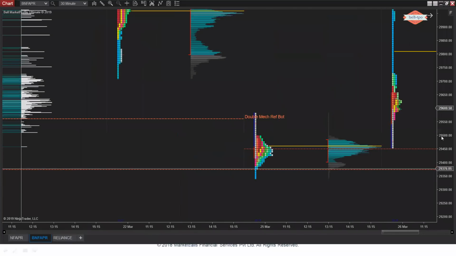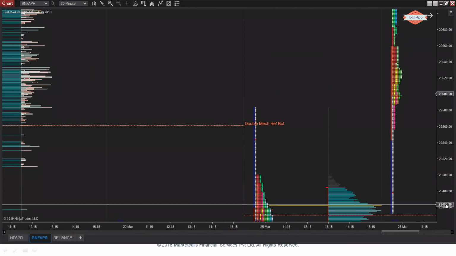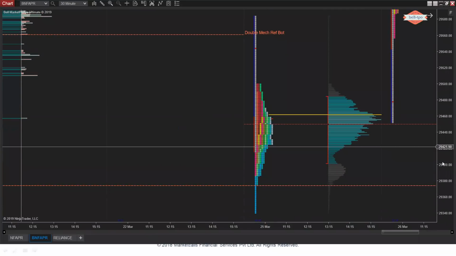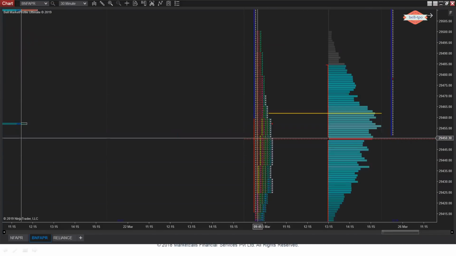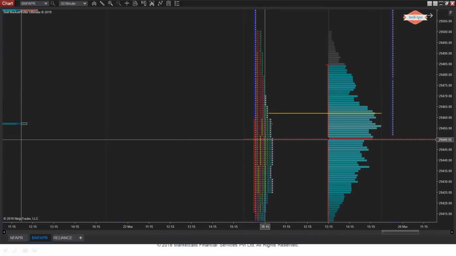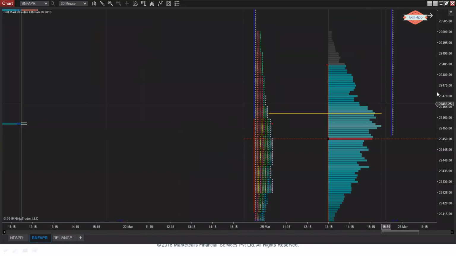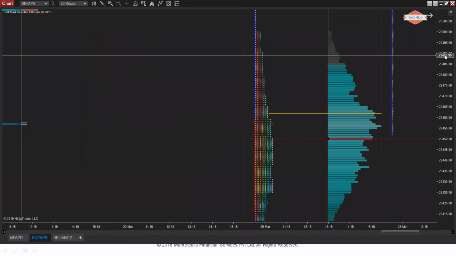What was interesting on that particular day is that it is a prominent point of control day. That means more than 10 TPOs got traded. You see the letters A, B, C, E, F, G, H, I, J, K, L, M, almost 12 letters got traded. That means some sort of behavior is happening over there.